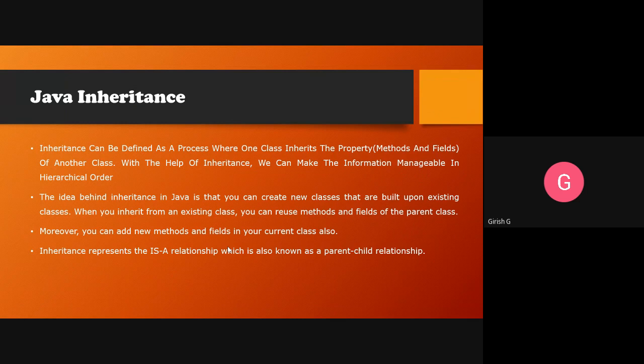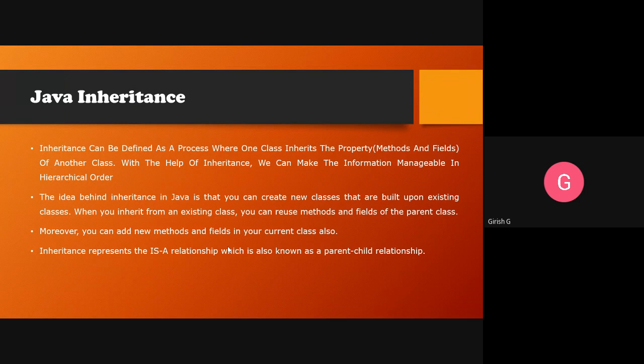Inheritance can be defined as a process where one class inherits the properties, that is the methods and fields, which are the attributes of another class. With the help of inheritance, we can make the information manageable in hierarchical order, and maintain our data in a better way.